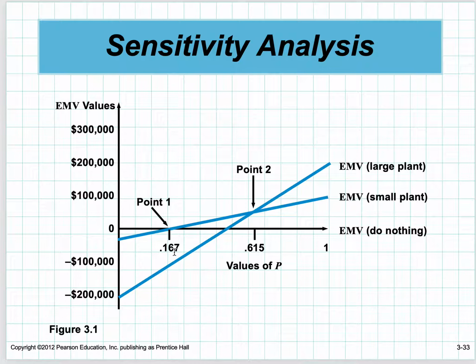If the probability of a favorable market is under 17%, you would do the do nothing, which is 0. So do nothing range, small plant range, big plant range. And you just see where your breakpoints are.